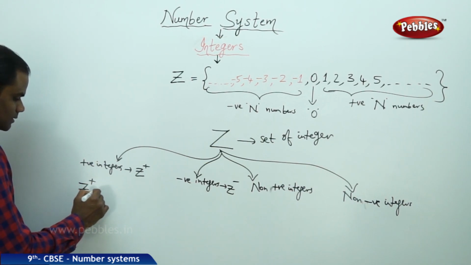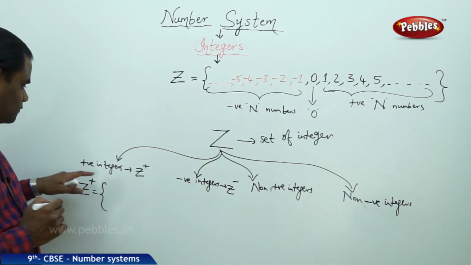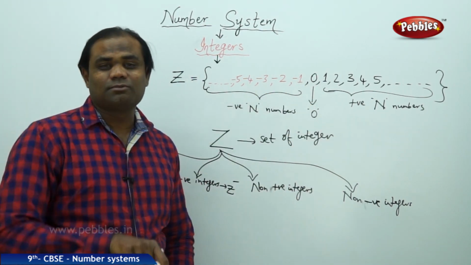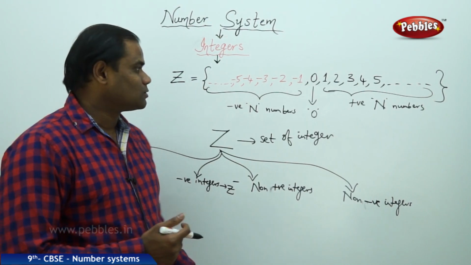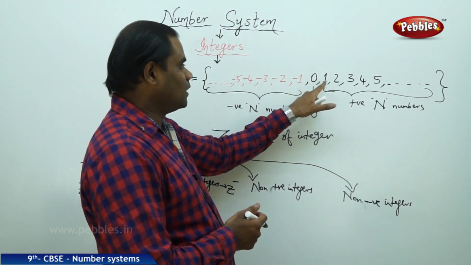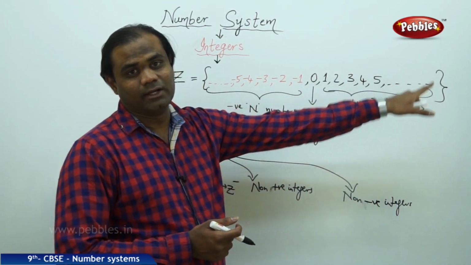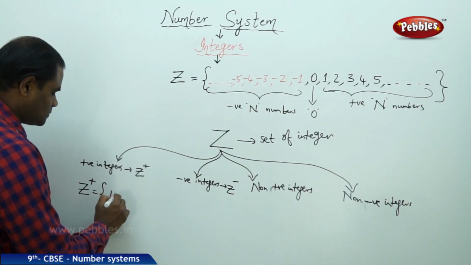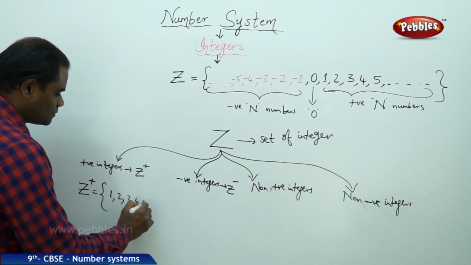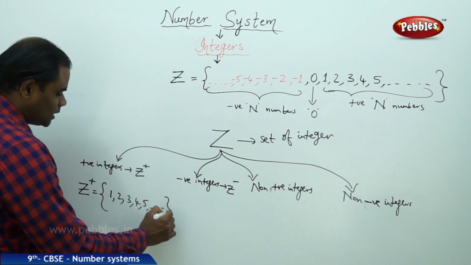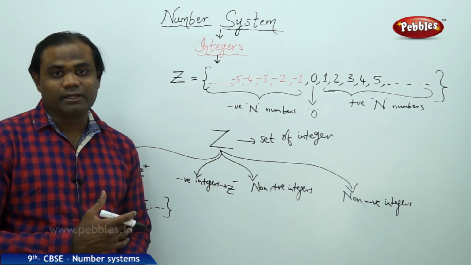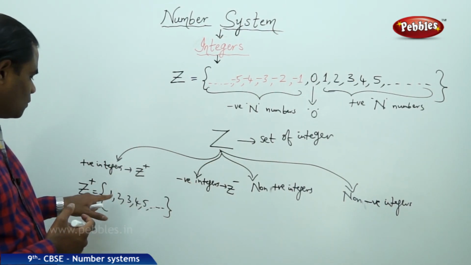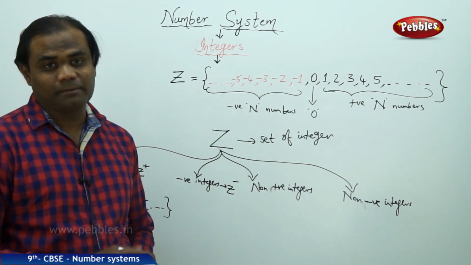Z plus, as clearly mentioned for positive integers, means we pick only the positive part of the integers. We know that the positive integers start from 1, 2, 3, 4, 5, etc. Therefore, this set Z plus has all the numbers which start from 1 and end at infinity. So the set of positive integers denoted by Z plus is now 1, 2, 3, 4, 5.